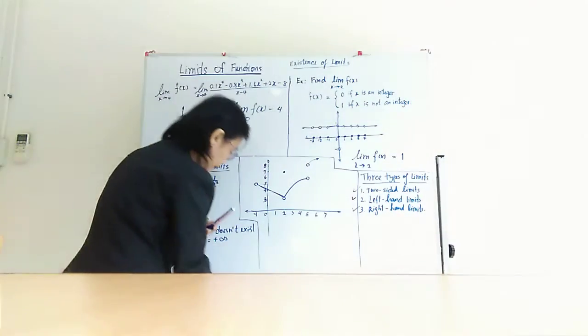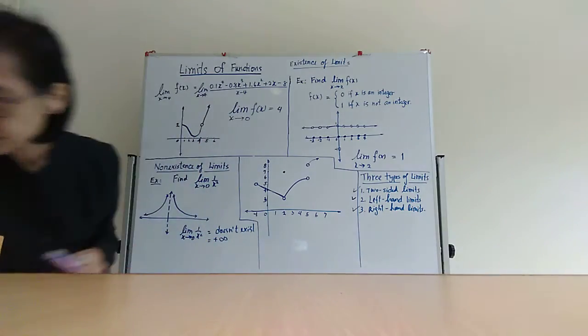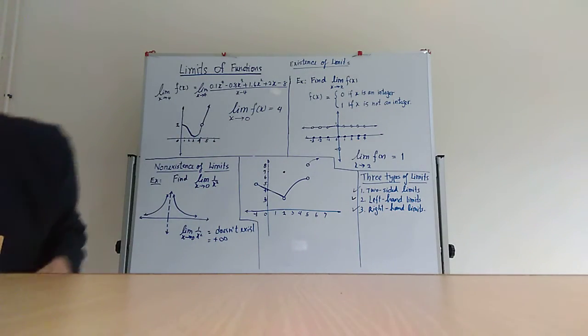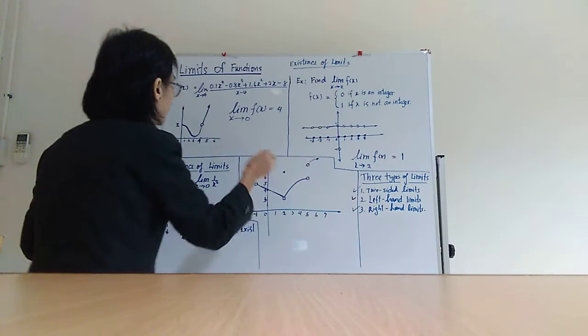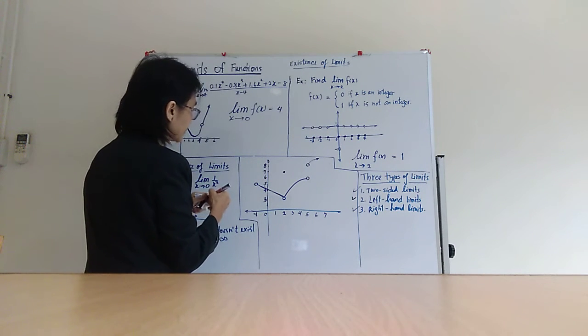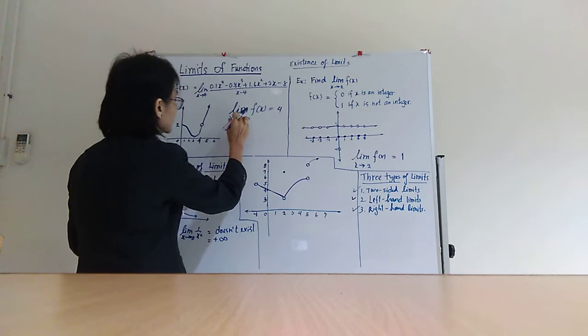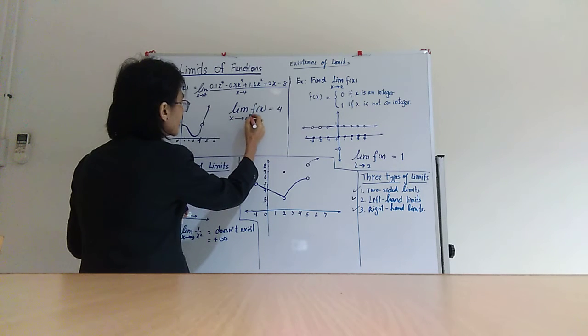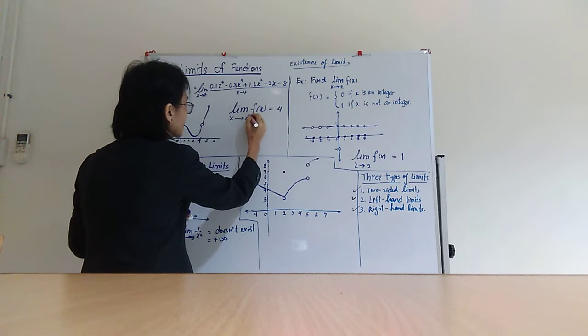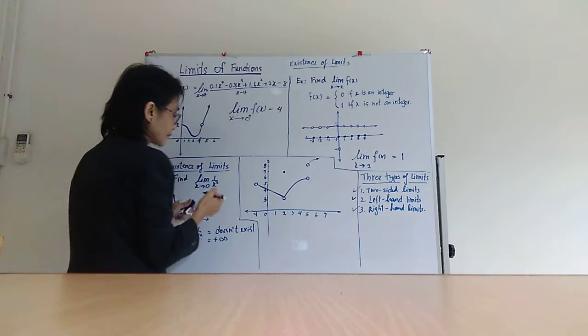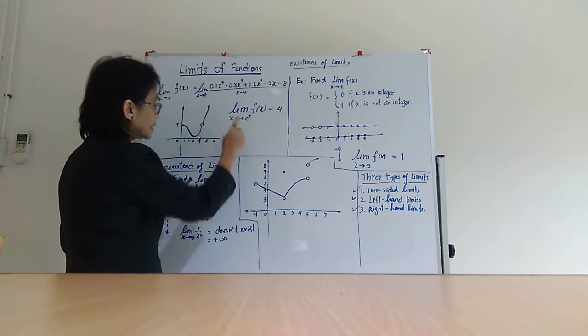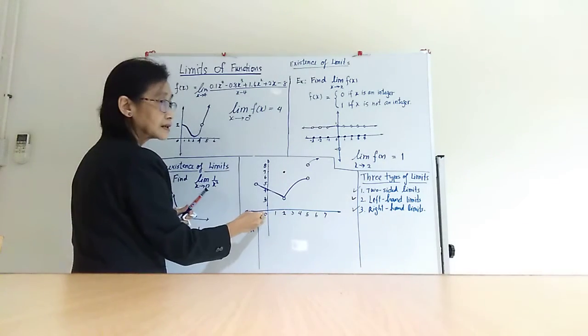Okay, now if I change my equation, this one. If I ask you the limit of f of x when x approaches 0 plus, that means you have to read x approaching 0, right?